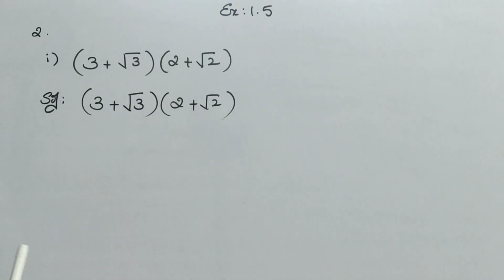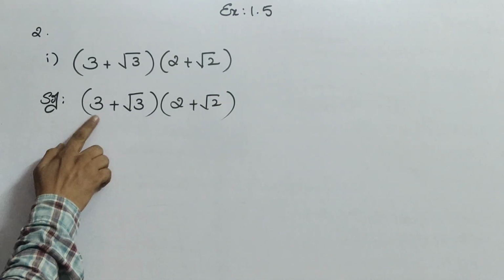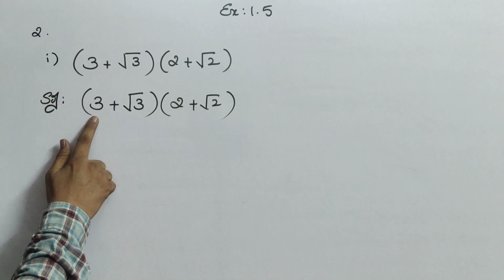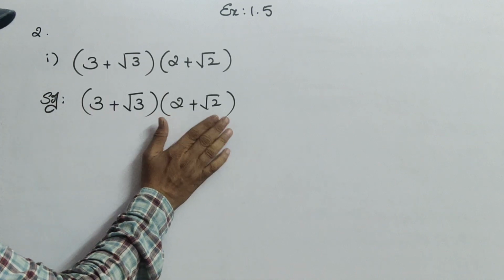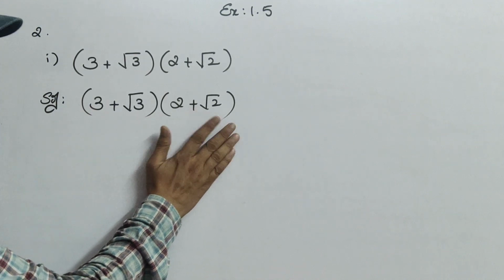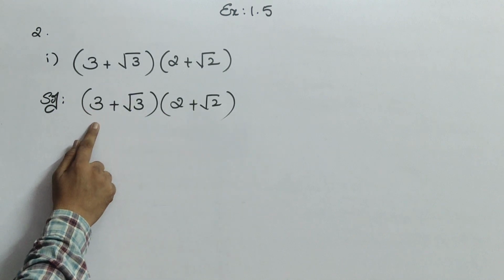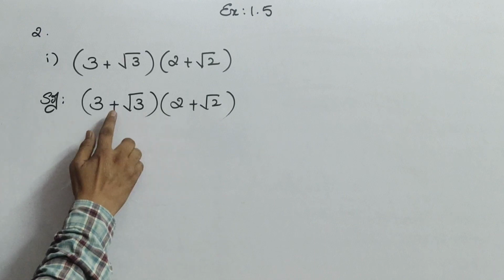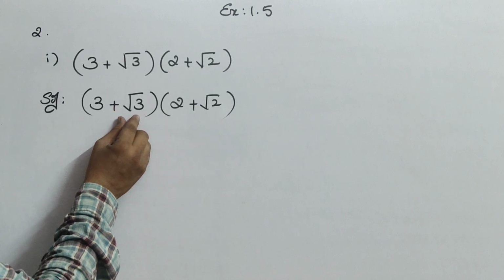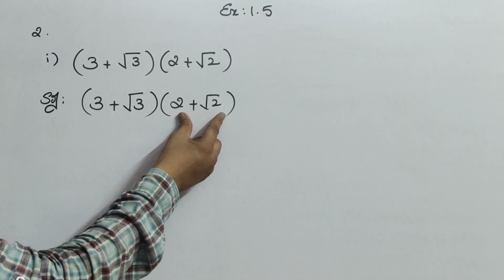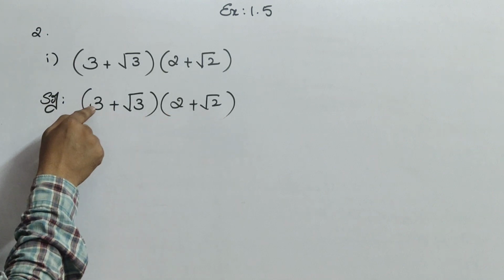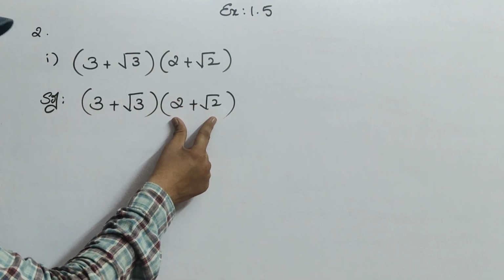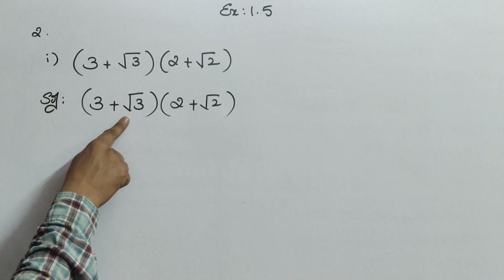See, algebraic multiplication is very easy. First take 3, children. With 3, you have to multiply what is in the bracket, that is 2 plus root 2. Next, plus root 3 into 2 plus root 2. That means with 3 you have to multiply this one, and with root 3 also.